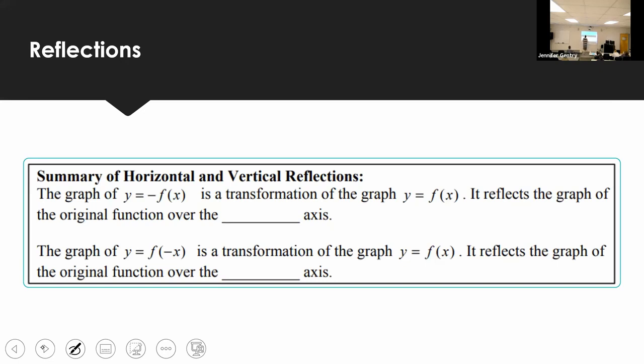For the transformation y equals f of x, it reflects the graph of the original function over which one? The negative is on the outside of the f of x. And what about if the minus sign is with the x? Yeah? That make sense?